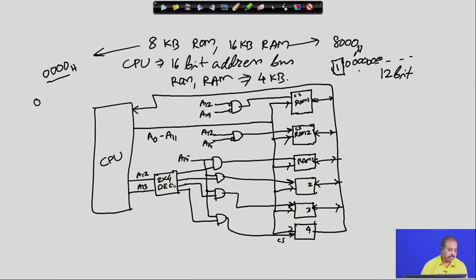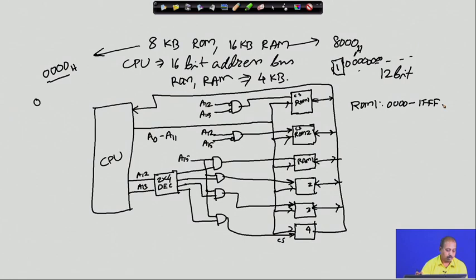Now, what is the address range for the first ROM? For ROM 1, the address range is basically 0000 to 1FFF. So, this is the address range for the first ROM.